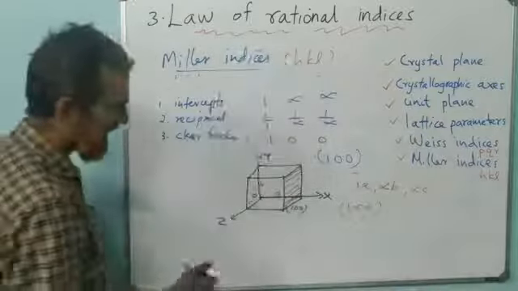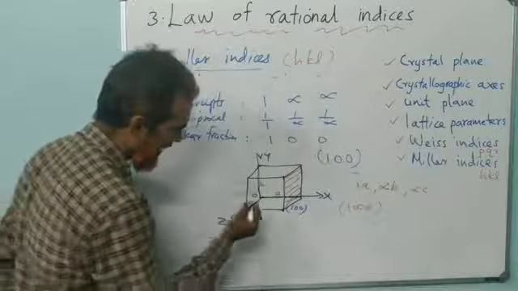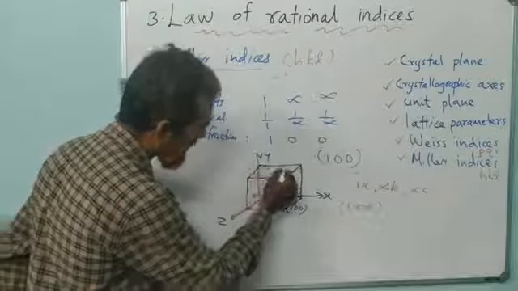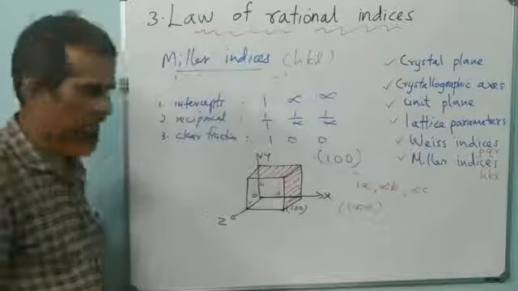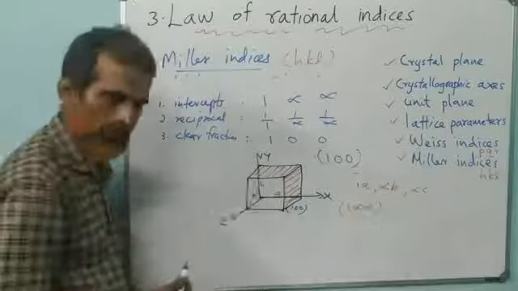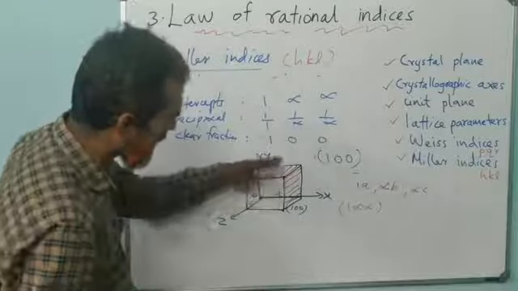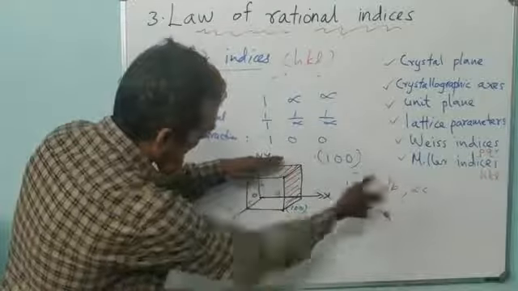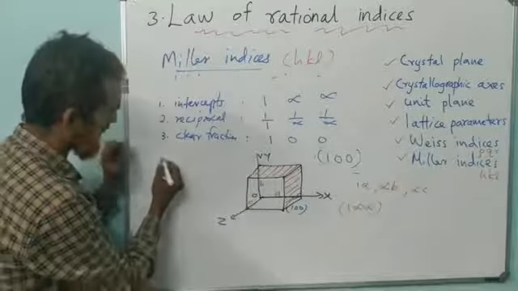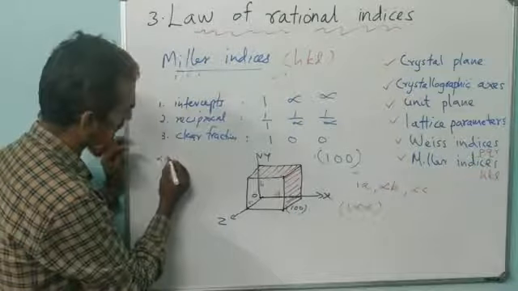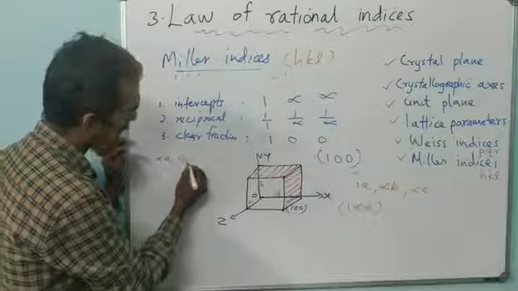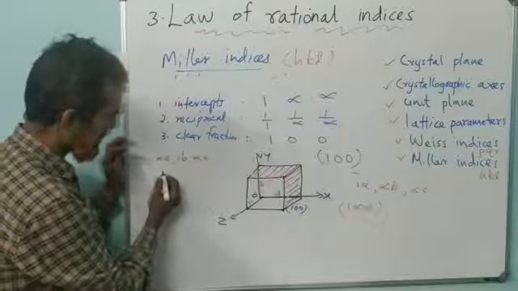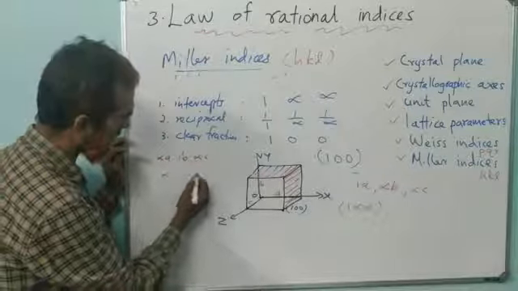Suppose I am considering another plane. Look, I am taking this plane. Tell me about this plane. What are the intercepts here? This plane is cutting along Y and is parallel to X and Z. So we can say the intercepts are infinity A, 1B, infinity C, correct? So it comes to infinity, 1, infinity.